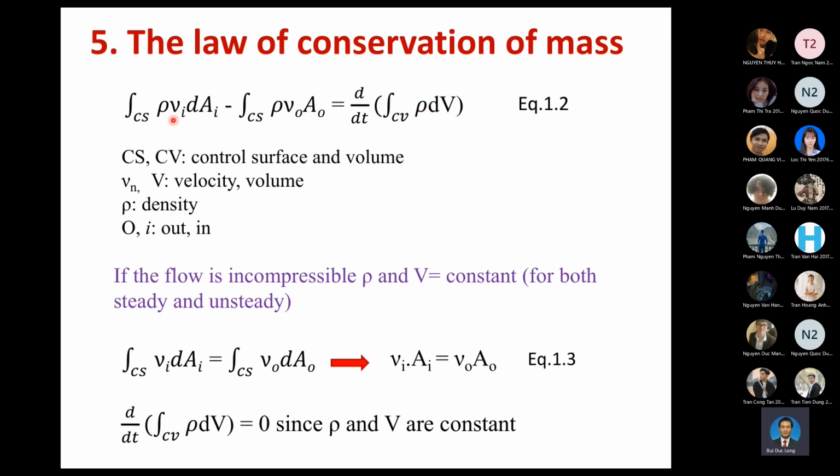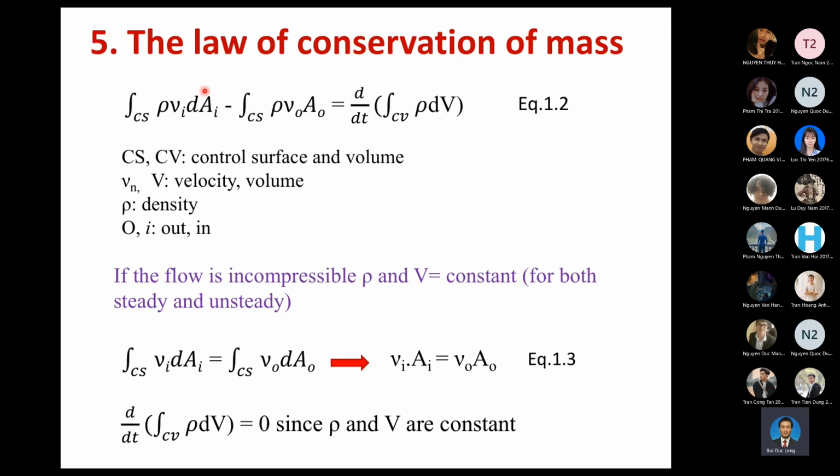Because rho times V gives you the mass, and you integrate over all the surface it flows in, it is equal to the total mass flow in. Similarly, you have the total mass flow out. This is rho multiplied by velocity, and multiplied by dA, so you have the total mass flow across a surface.